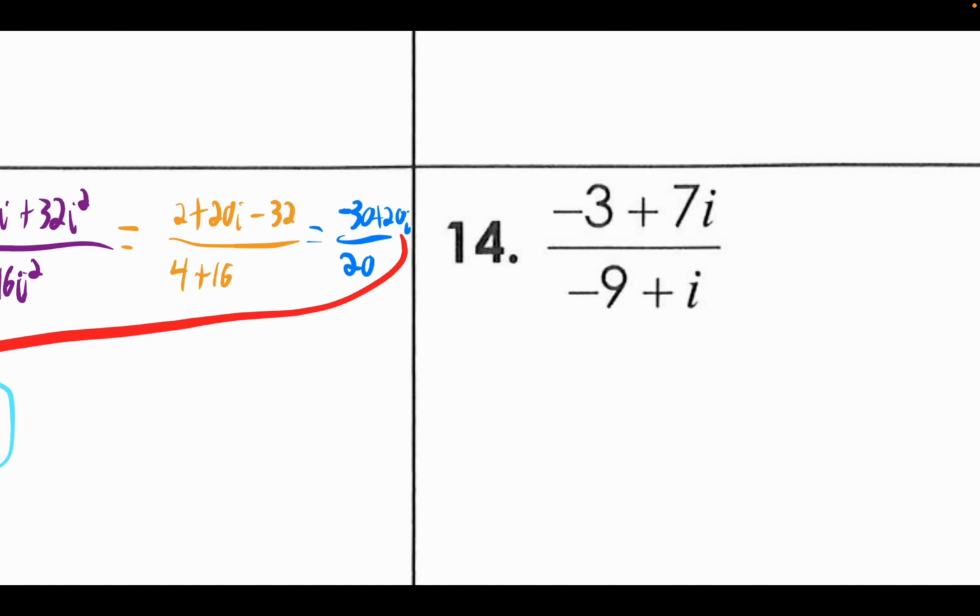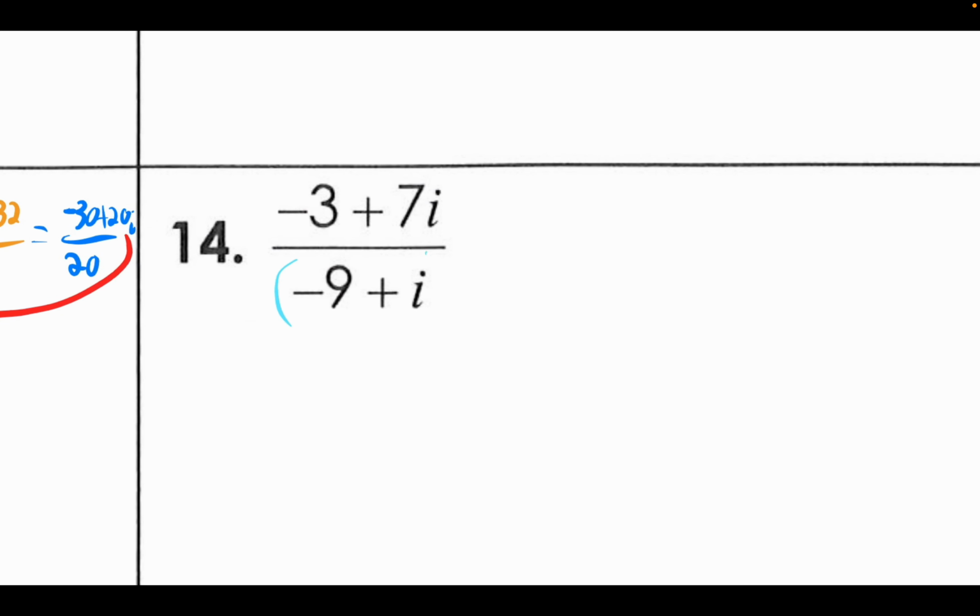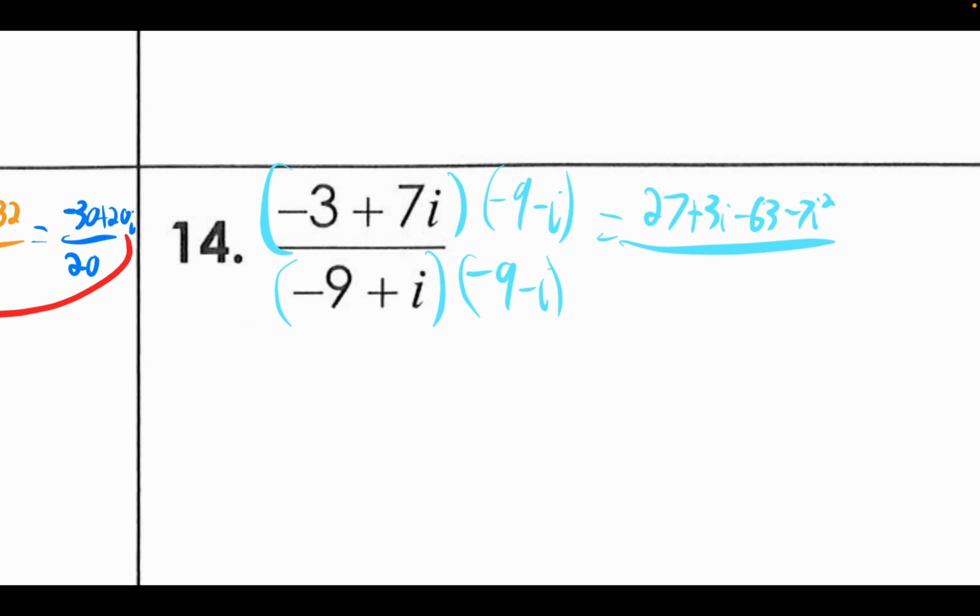Number 14, once again, multiplying by the complex conjugate of the denominator. Here would be negative 9 minus i. On the top, we end up getting 27 plus 3i minus 63 minus 7i squared. On the bottom, we get 81 plus 9i minus 9i minus i squared.